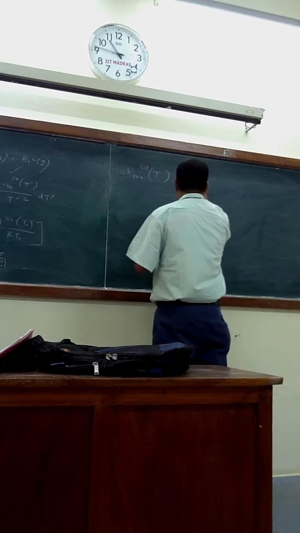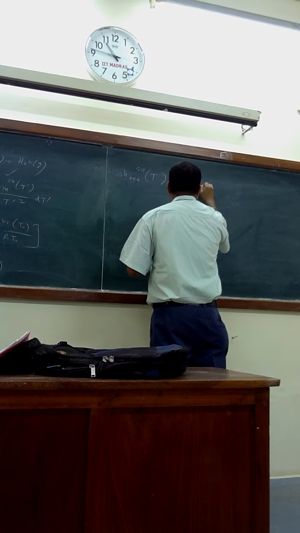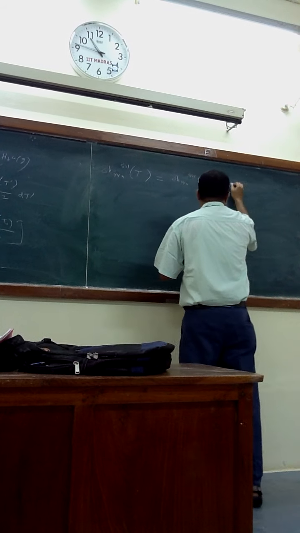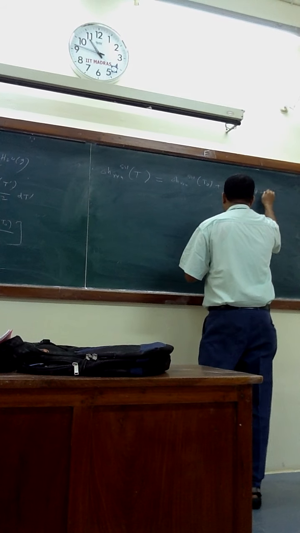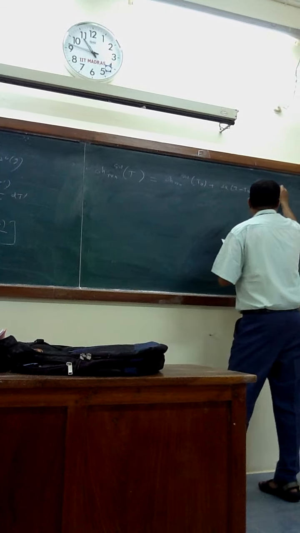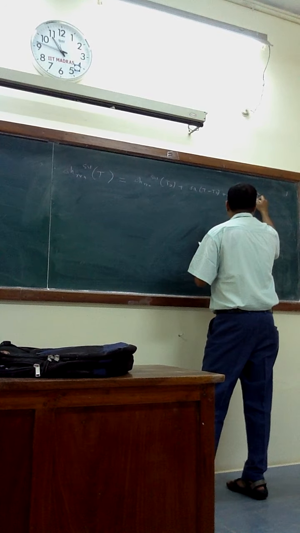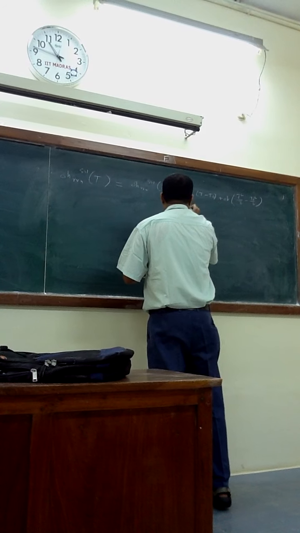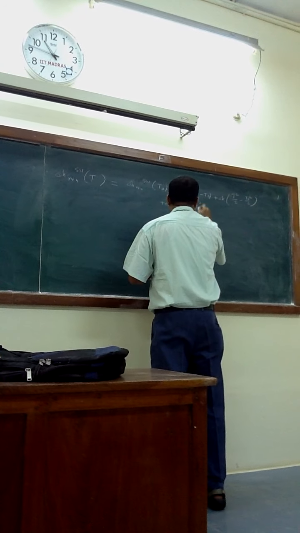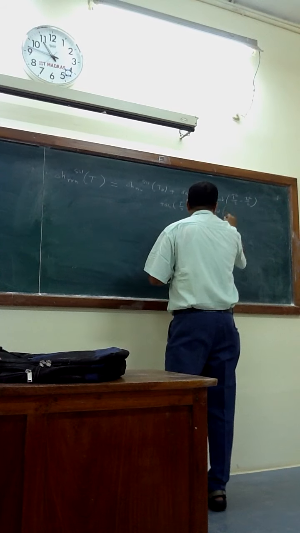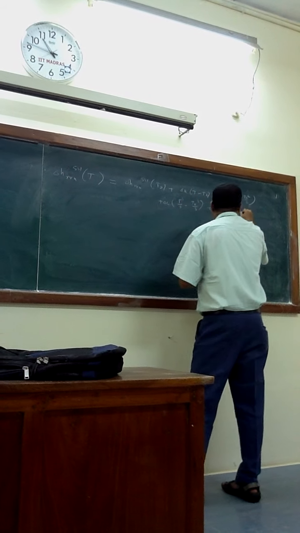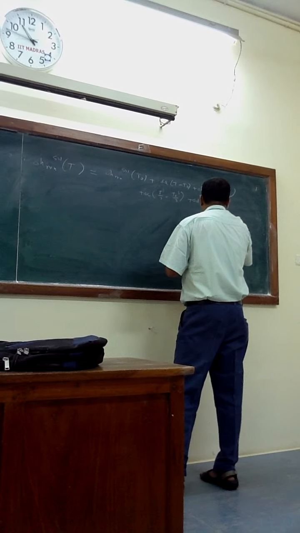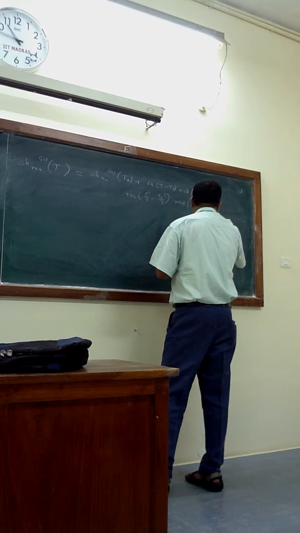So the formula is delta H reaction at T0 plus delta A (T minus T0) plus delta B (T square by 2 minus T0 square by 2) plus delta C (T cube by 3 minus T0 cube by 3) plus delta D (T to the power 4 by 4 minus T0 to the power 4 by 4) minus delta E (1 by T minus 1 by T0).